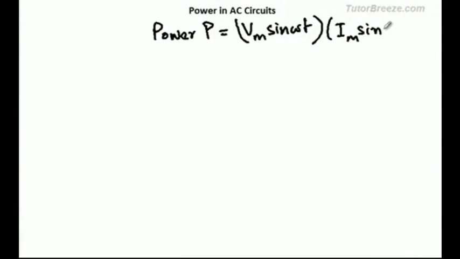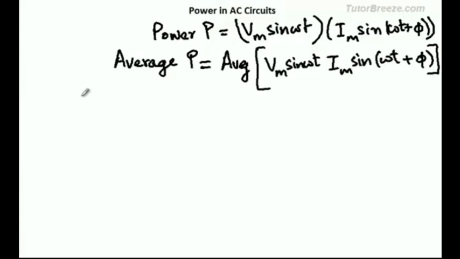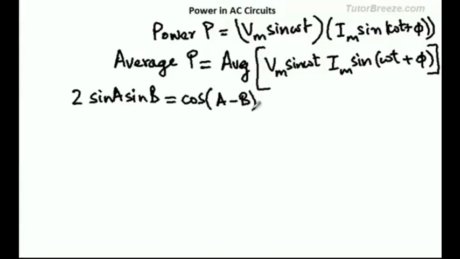The power P is equal to Vm sin omega t times Im sin(omega t plus phi). Now we need to find the average value of power. So we'll use the trigonometric identity 2 sin A sin B is equal to cos(A minus B) minus cos(A plus B).